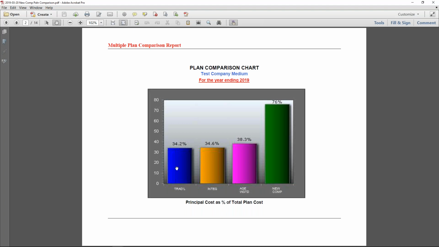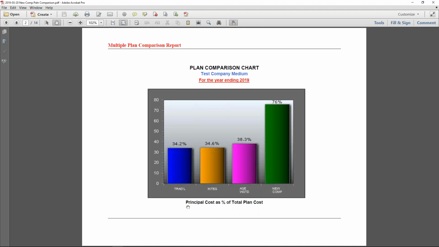There's not much difference between these three, and that's because the owners don't make significantly more than everybody else. In fact, they're not even over the Social Security wage base, and they're not significantly older than everybody else, a little bit, but you can see there's not a lot of benefit between the three.